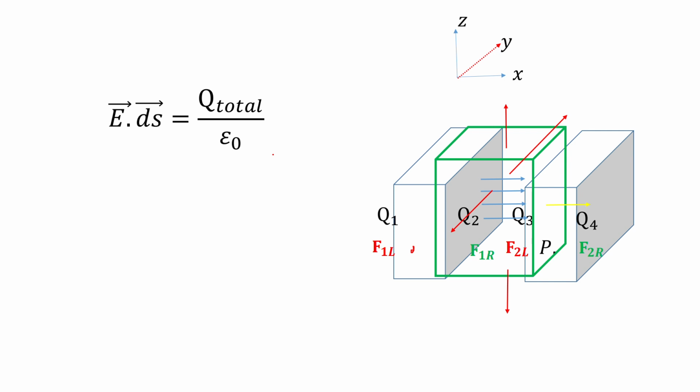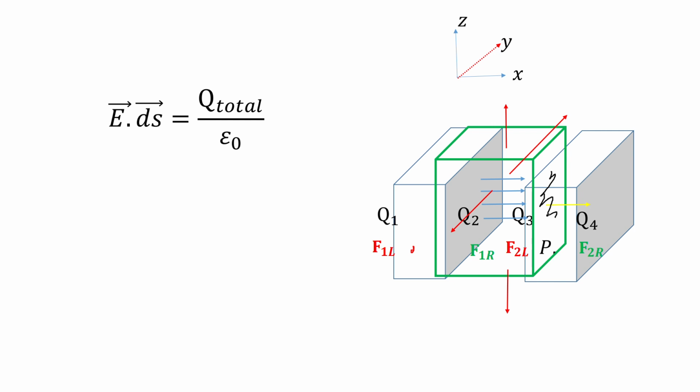The green arrow is our outward normal, along the positive x direction. But I have considered that this pillbox or box Gaussian surface is passing through the conductor. Since the electric field within the conductor is 0, E dot ds is again 0. This is not because E and ds are perpendicular, but because E is 0.